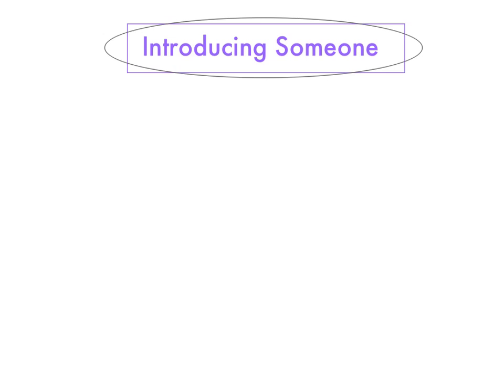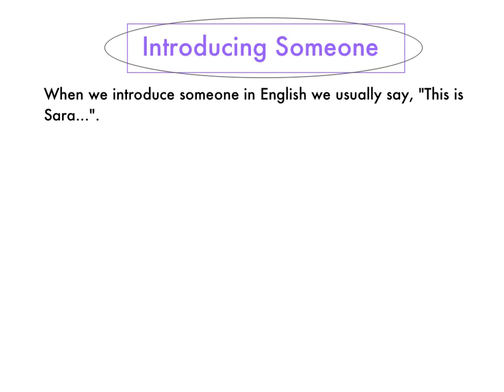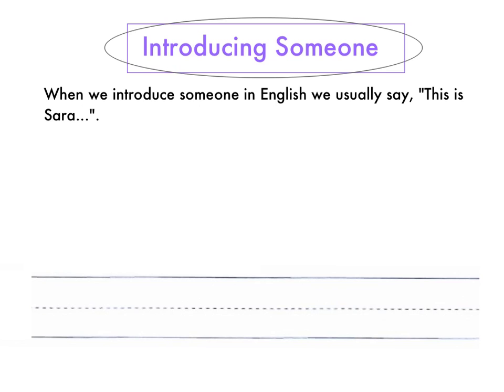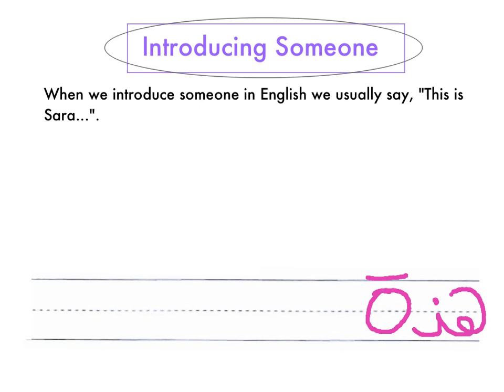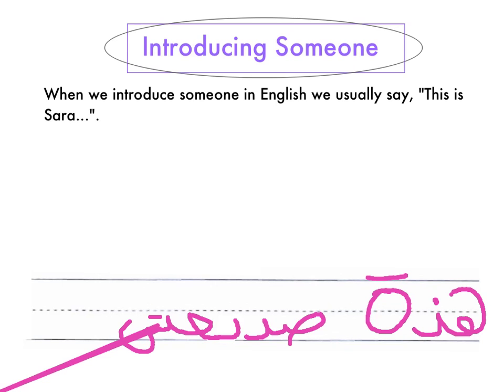Introducing someone in Arabic. When we introduce someone in English, we usually say, this is Sarah. The Arabic equivalent would be هذه صديقتي Sarah, which means this is my friend Sarah.